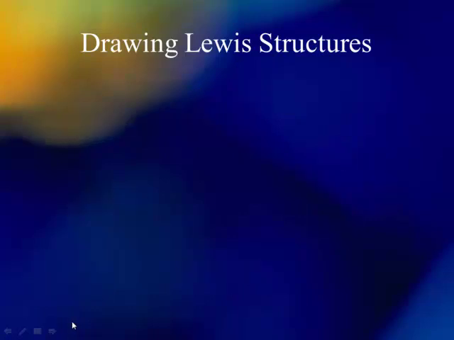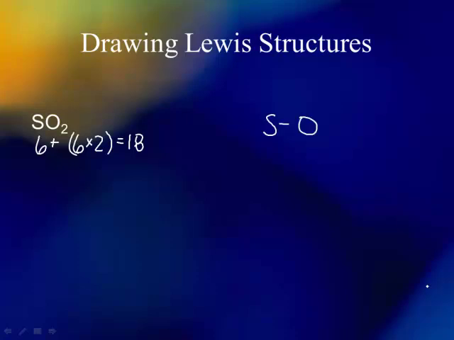Let's do just a couple more examples. Sulfur dioxide. The number of valence electrons is 6, plus 6 times 2, for a total of 18. The skeleton structure shows sulfur in the middle.